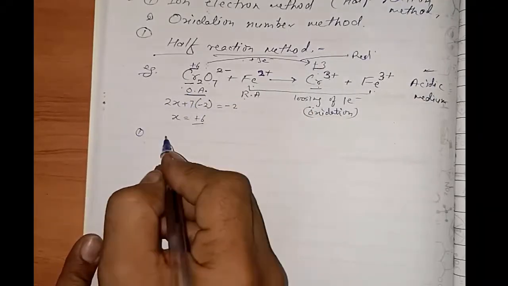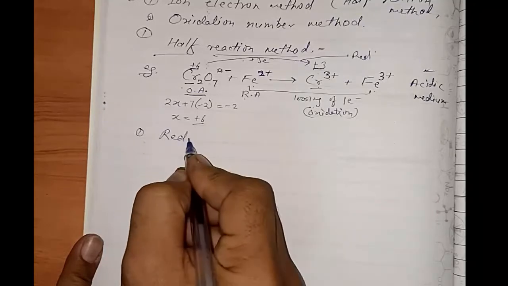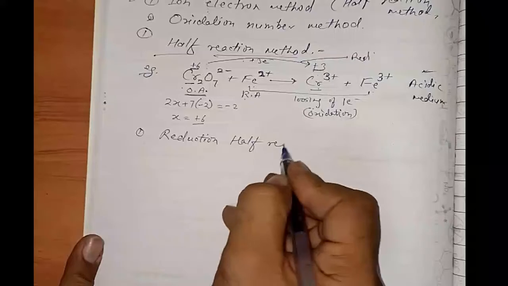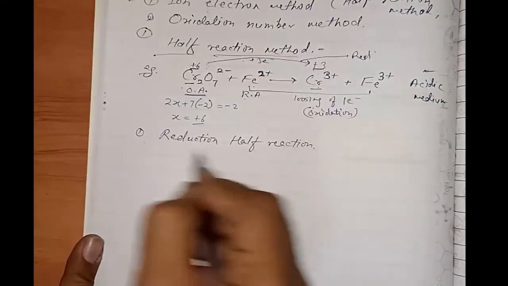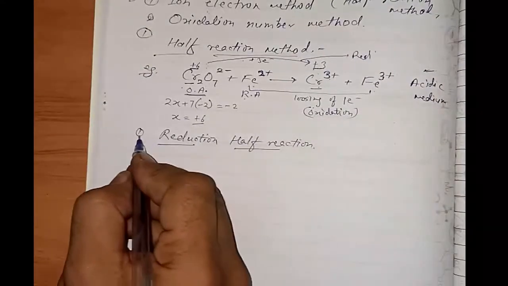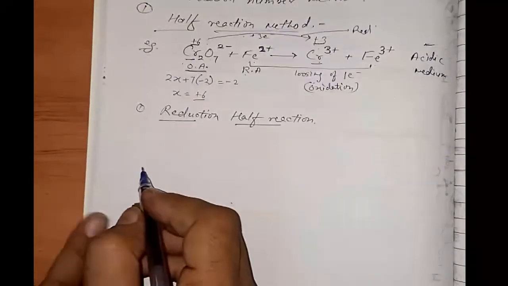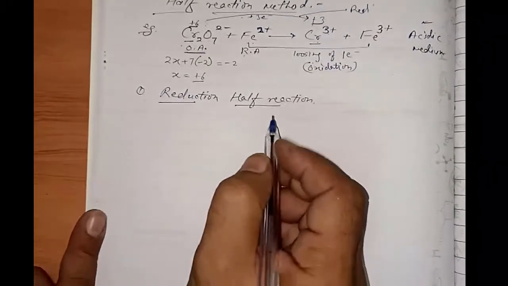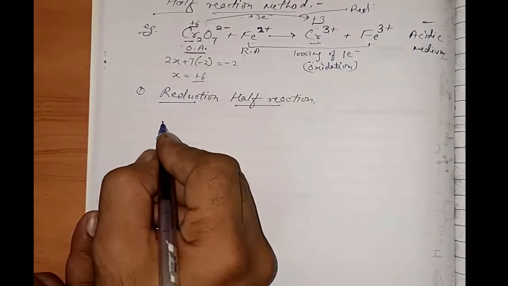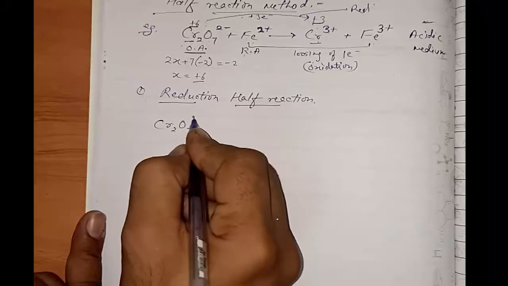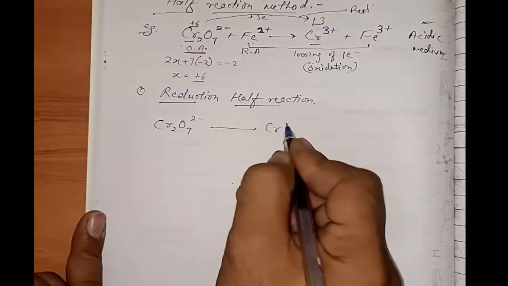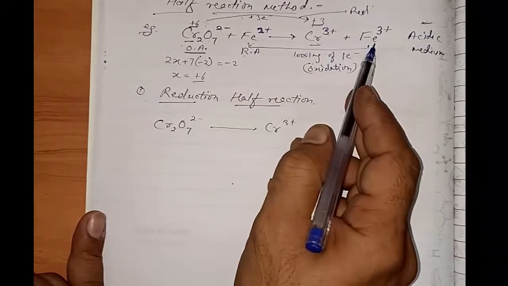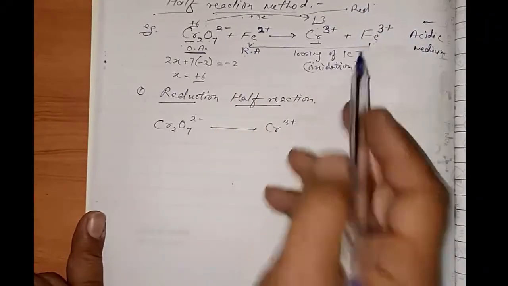First I write the reduction half reaction and balance it first. Similarly, I will do the same with the oxidation half reaction. In reduction half, we write this equation again, Cr2O7 2- gives Cr3+, and Fe2+ to Fe3+ is the oxidation half reaction.